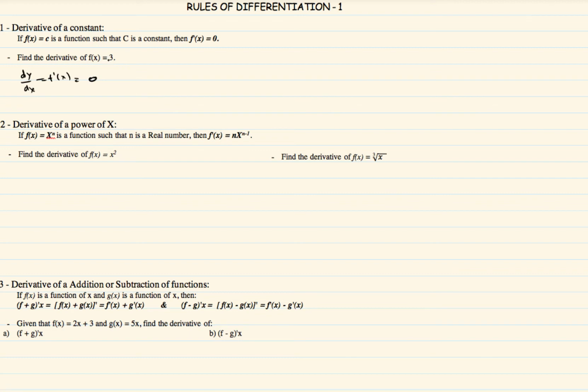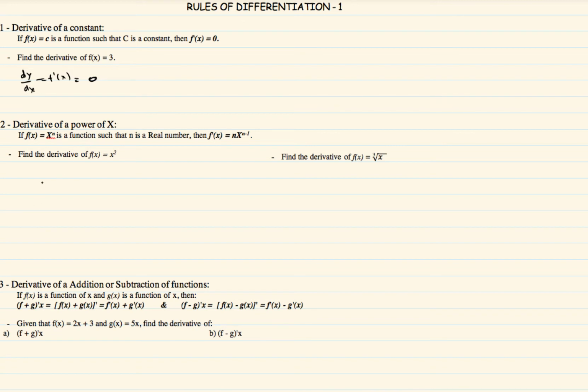How much does 3 change with respect to x? Well, 3 doesn't change at all because 3 is a constant. This property you can apply to all constants, both negative and positive, integers, all the real numbers. As long as they are constant, you're always going to get 0 because it doesn't change.